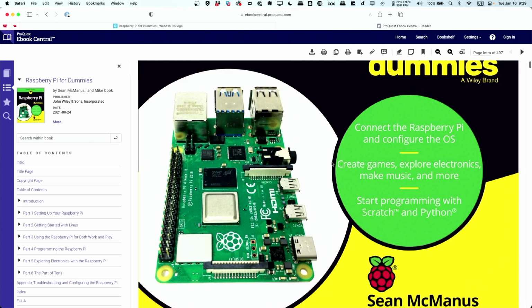Here's a picture of what one looks like. The Raspberry Pi is a very inexpensive computer that was designed for basically educational purposes. It's about yay big, like credit card size.